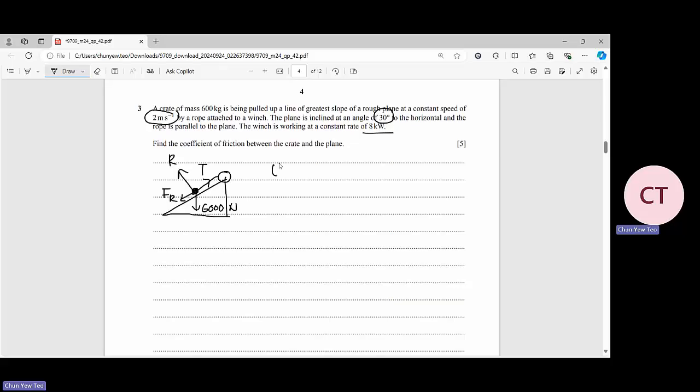So if you resolve the forces perpendicular to the plane, you have R, I forgot to write down this 30 degrees. You have R is equal to mg cos theta, that will be 600 times 10 cos 30 degrees, that will be 3,000 root 3.